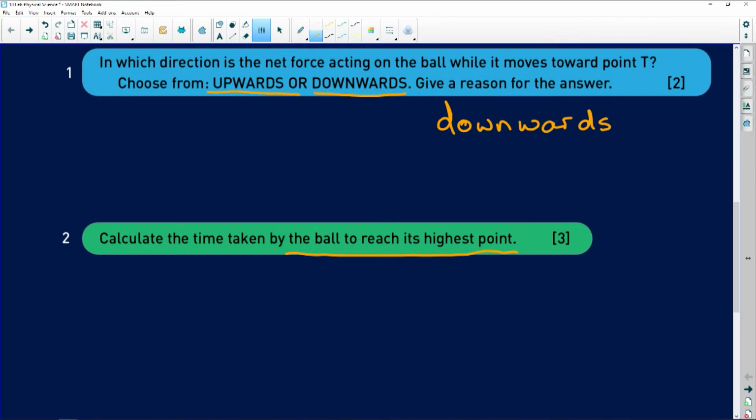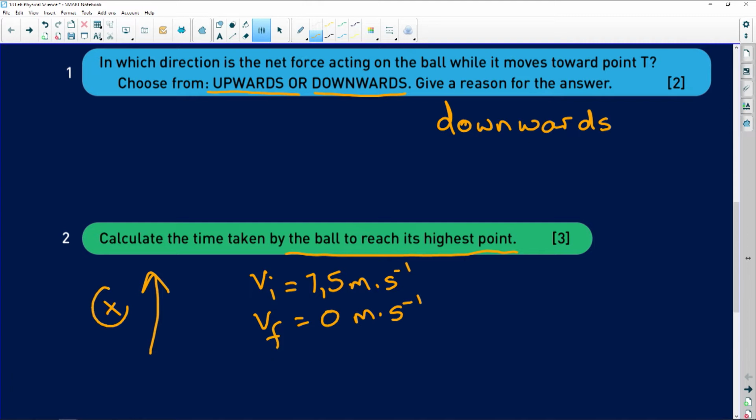We know that the ball was thrown vertically upwards with an initial velocity, they told us, of 7,5 meters per second. At the top of the motion, the final velocity is going to be 0. They haven't told us that, but we know that object will stop and return to the ground. Now we took up as the positive direction, so g always acts downwards, so it's going to be negative 9,8 meters per second squared.